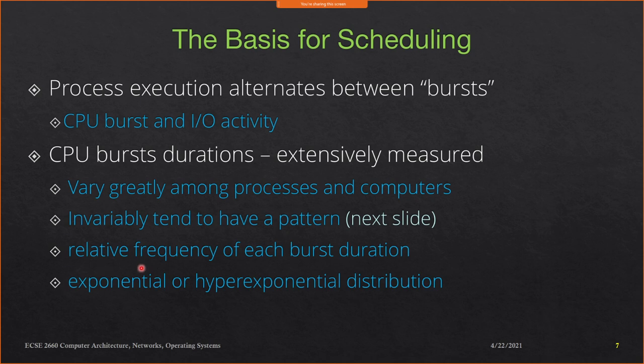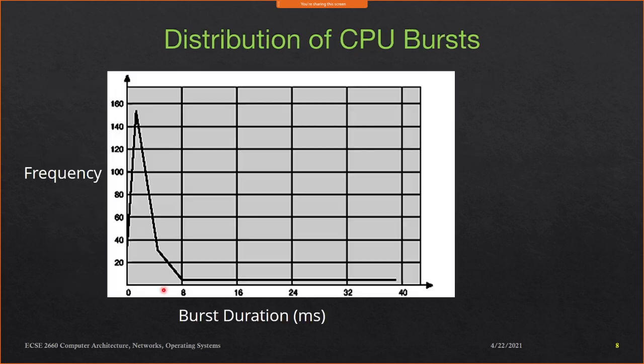The relative frequency of each burst duration is what we are going to monitor. It actually tends to have an exponential or a hyper exponential distribution. So let's get to the next slide and take a look at the distribution of CPU bursts.